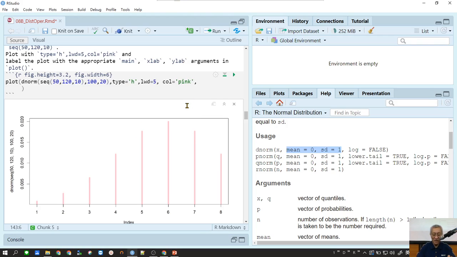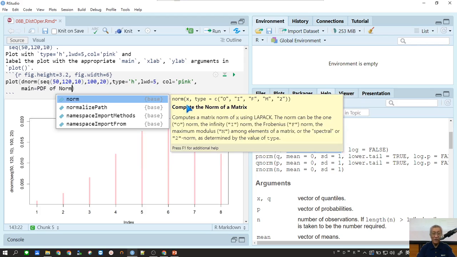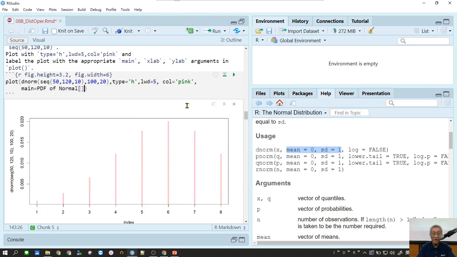So you can say main equal to what is the PDF of... if you want to choose a title, you put a title here, right? Okay.